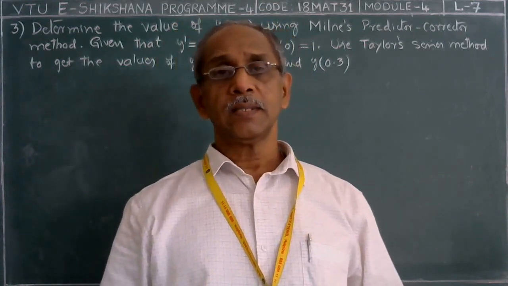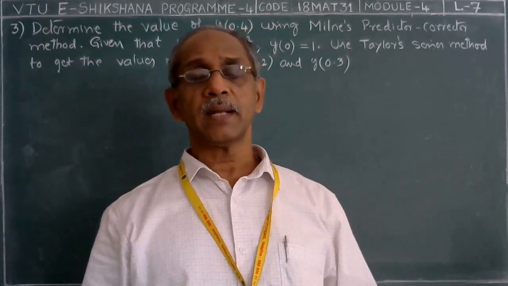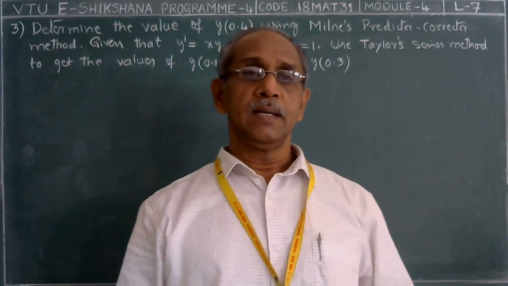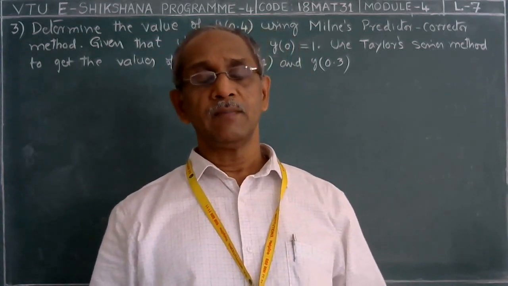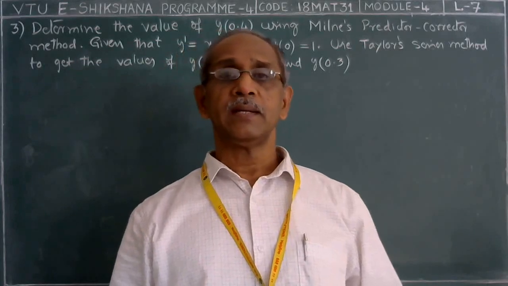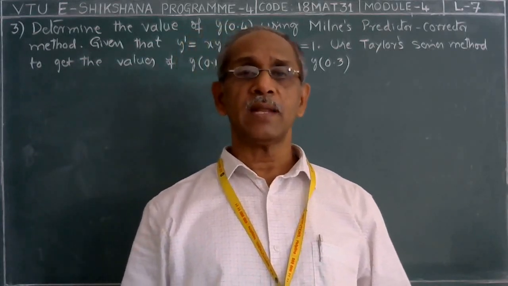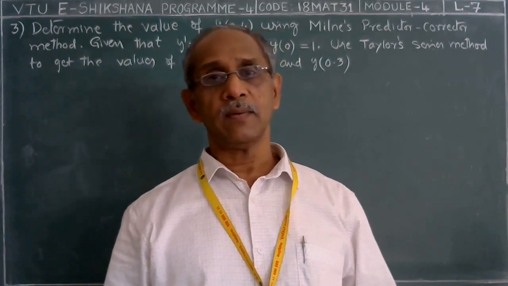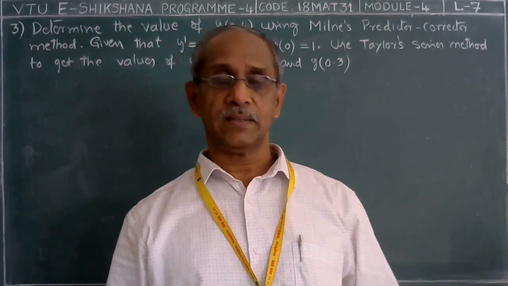In the last class, I discussed one of the predictor and corrector methods, Milne's predictor and corrector method, which is a multi-step method that involves a sequence of previous values to compute the value of y at the next specified value of x.